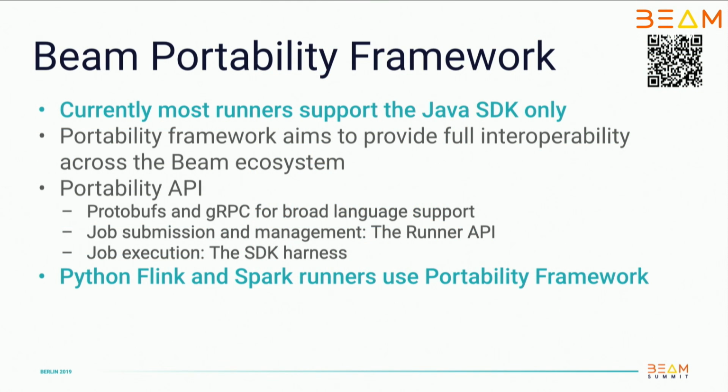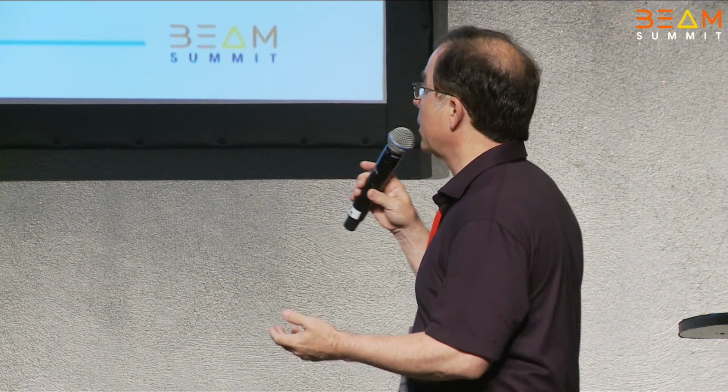The portability framework is important to us, especially at this stage of development, because currently most of the runners, as you guys know, run on Java. And it's great that all those different platforms are supported, but we're using Python as much of ML does, and having the portability framework gives us the ability to move fairly quickly to other runners.